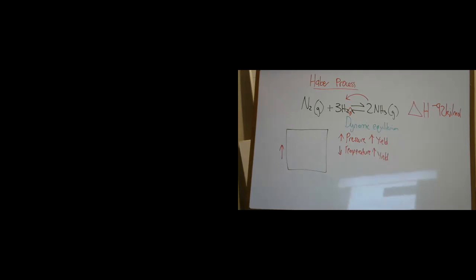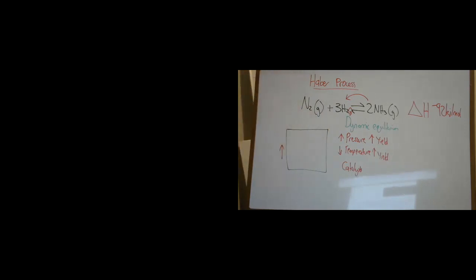So if we have an exothermic reaction and we want to increase the yield, we drop the temperature as far as we can. Now we can't just keep dropping the temperature, because we know that the rate of reaction is based somewhat on the temperature of the reaction vessel. So we can use what are called catalysts, because there's a limit to how much pressure we can use, and there's a limit to how low we can drop the temperature.